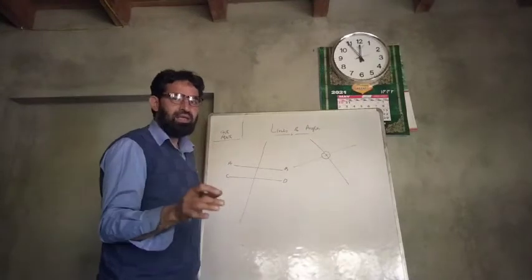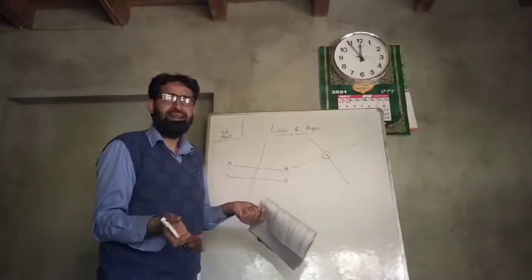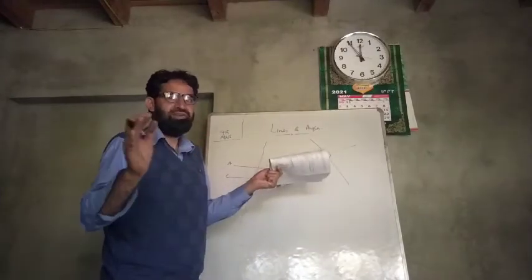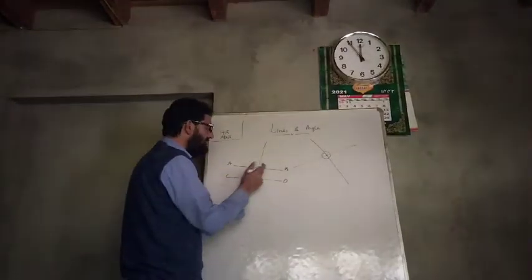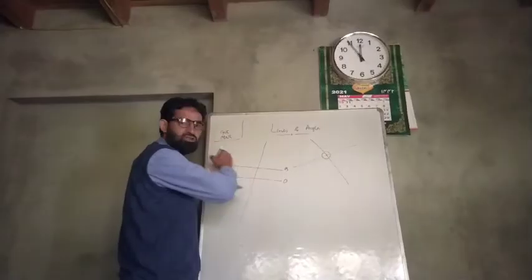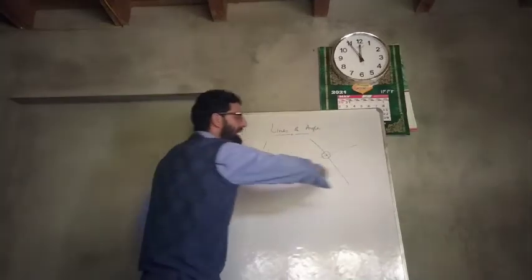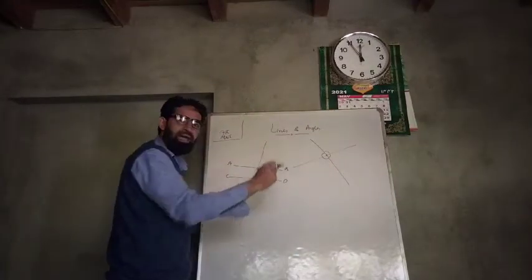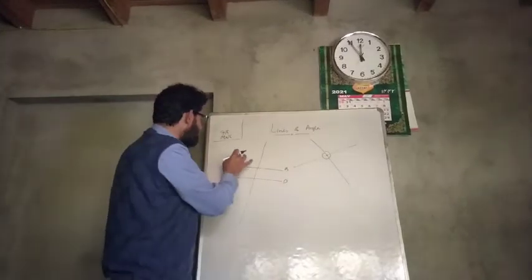AB is parallel to CD if the distance between them remains constant throughout. If you stretch these parallel lines to any point, the distance should remain the same.